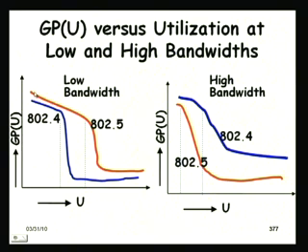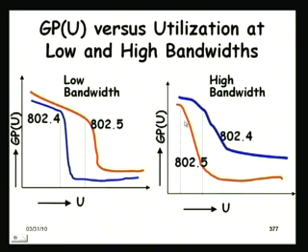Here, because it is considering priority, the one that has the highest priority will get the chance to transmit. So, it is able to meet the deadline, but at high bandwidth the situation is reversed, because in 802.5 a lot of wastage of bandwidth is occurring.